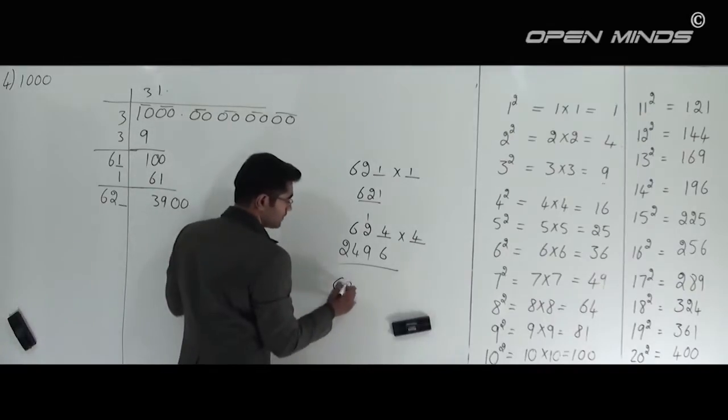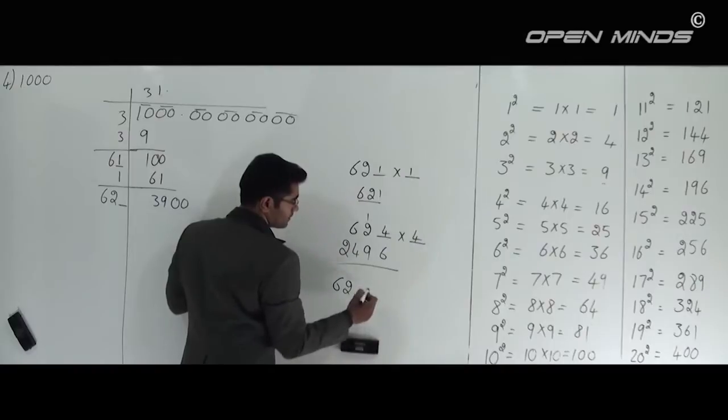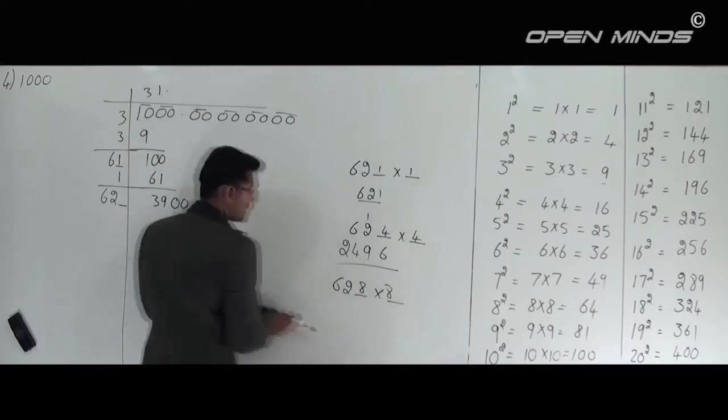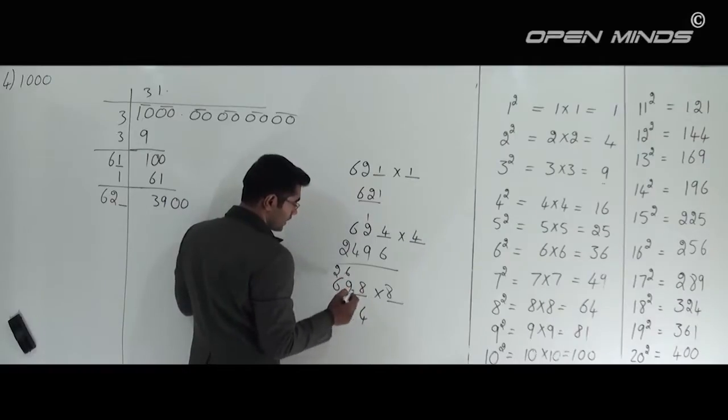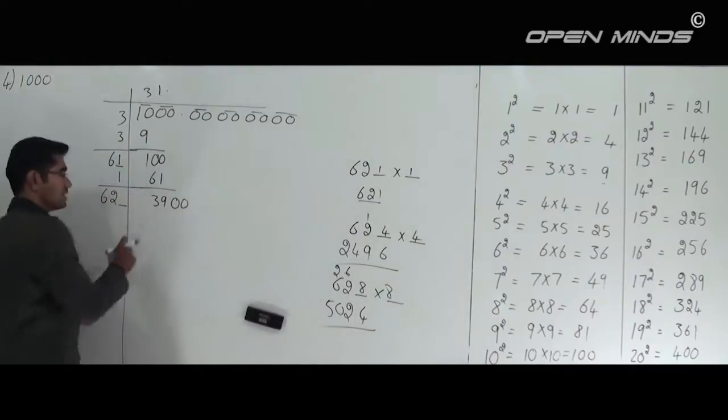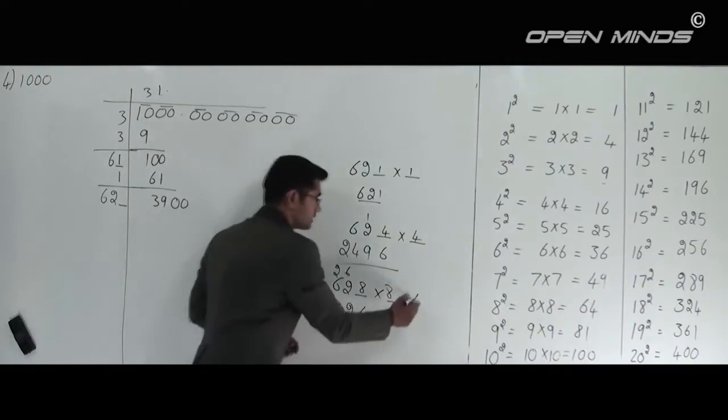Let's take 8 this time. Let's check. If you take 8, that'll be 64, 6 carried, that is 16, and this is 2, and that should be 48, and 2 is 50. This is more than this. So 8 is a bigger number, not happening.